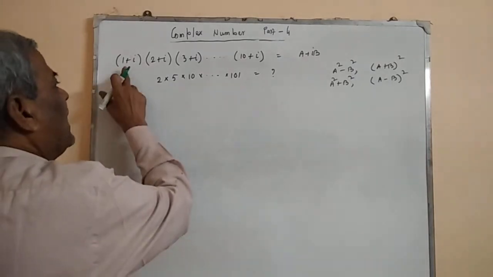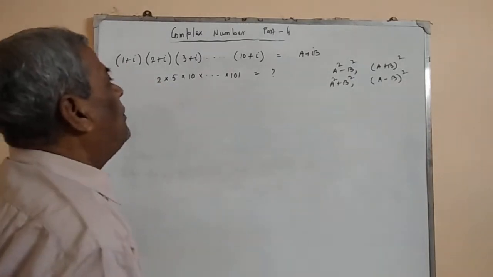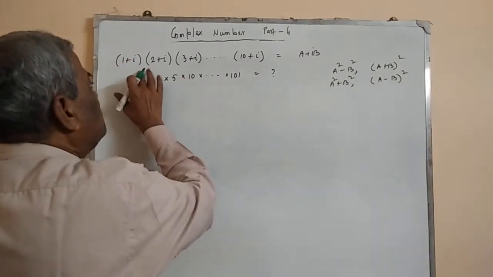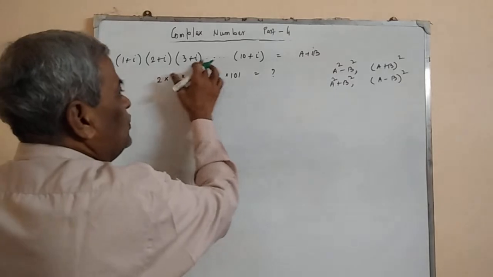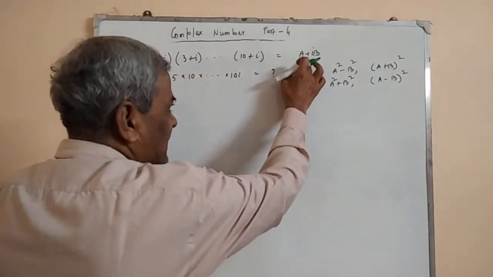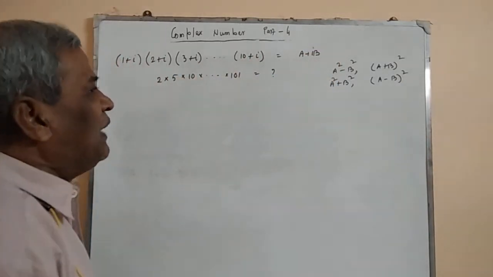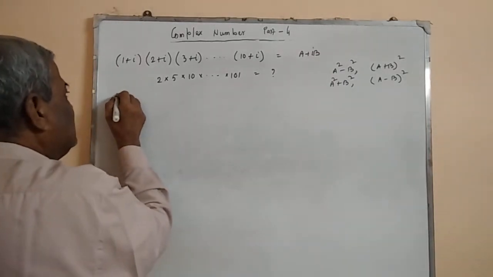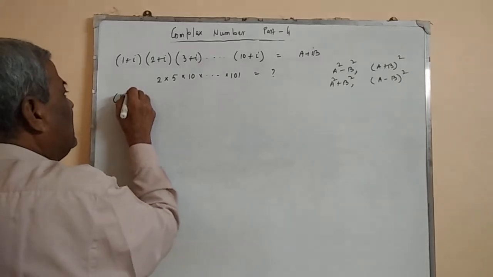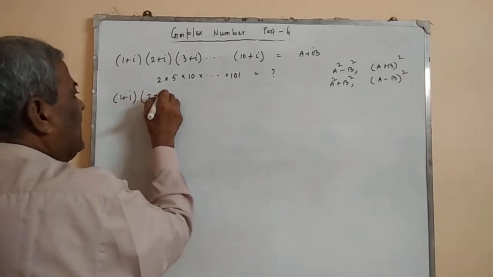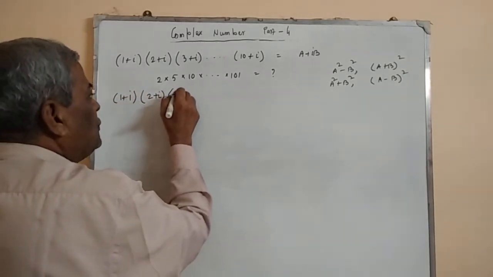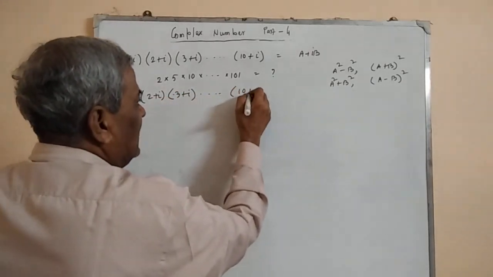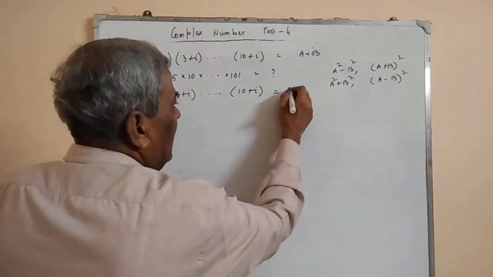Actually here 10 complex numbers are given, and it is given that their product, this into that up to this, is equal to another complex number A plus iB. So let us take this as (1 plus i)(2 plus i)(3 plus i) up to (10 plus i) equal to A plus iB.